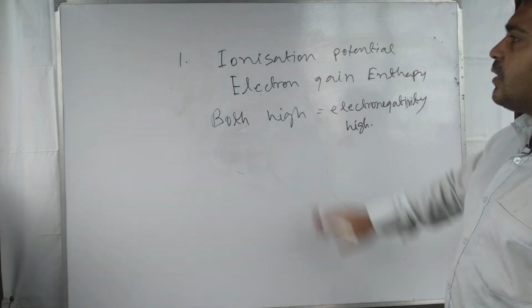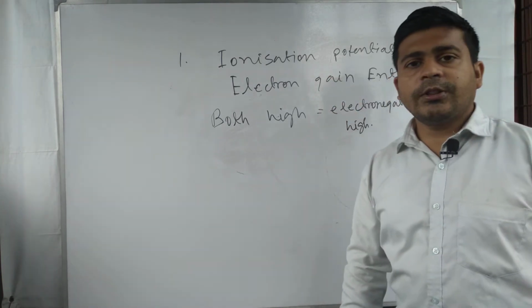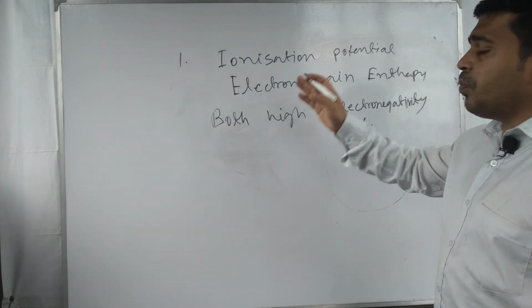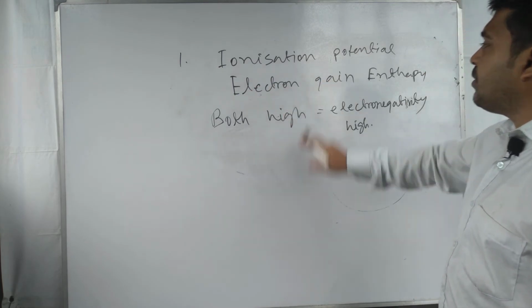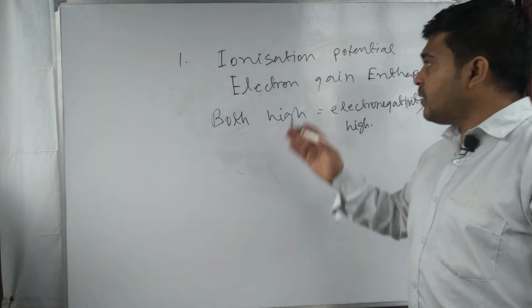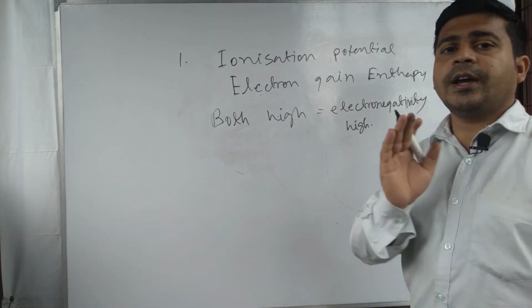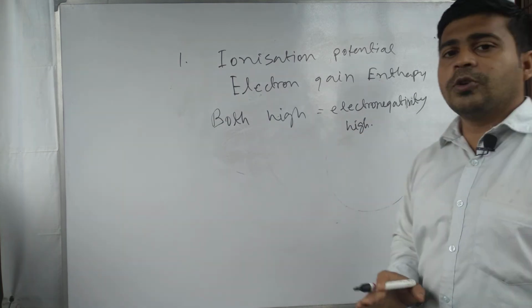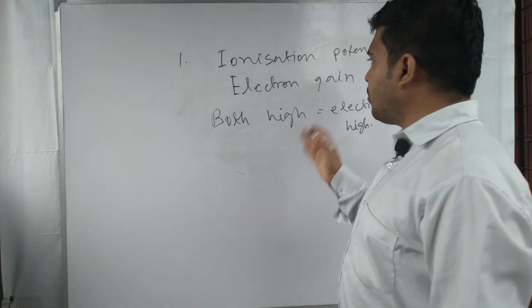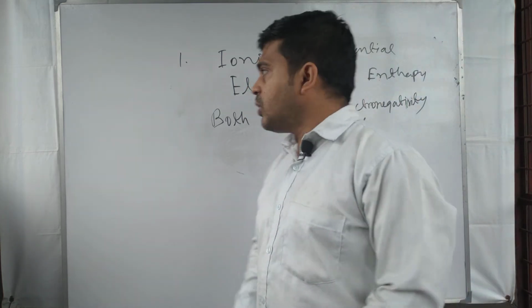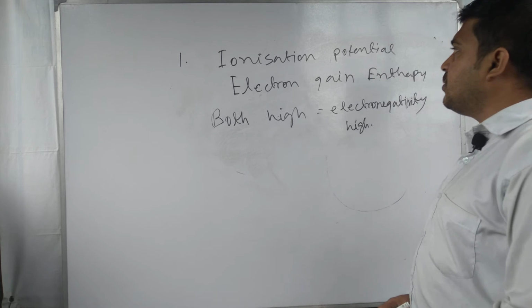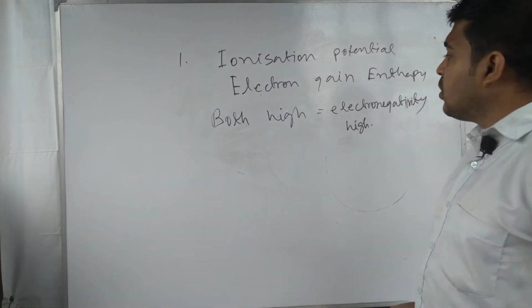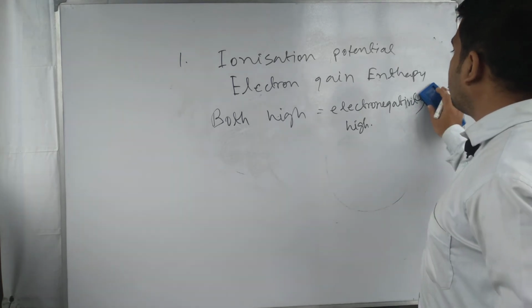So these two factors are important for determining the electronegativity value, and if both are high, meaning the ionization potential of the element is high enough and the electron gain enthalpy of the element is high enough, then the electronegativity value should be high.